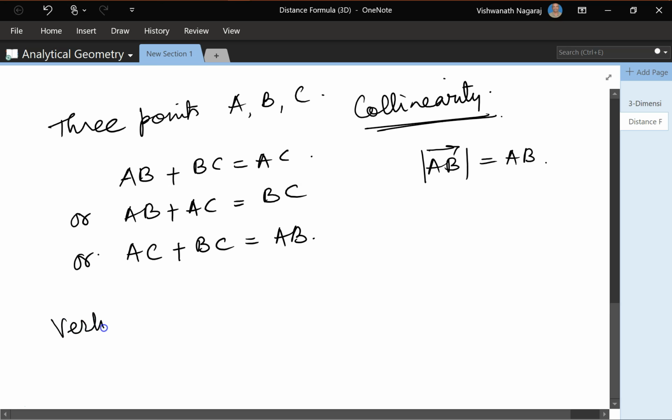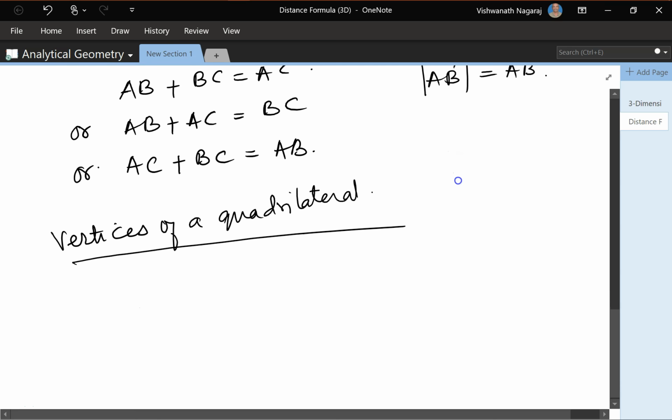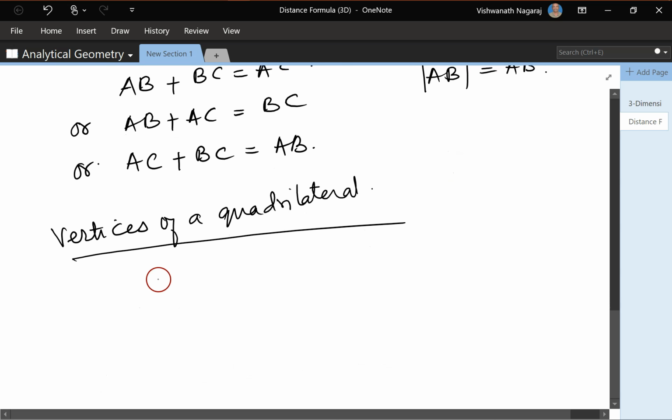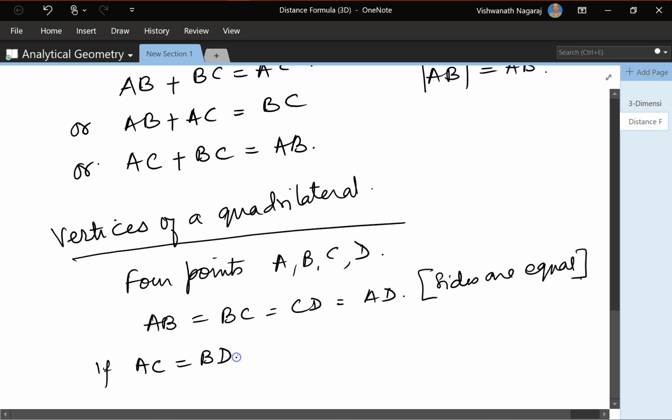Now vertices of a quadrilateral. So here we looked at collinearity, now vertices of a quadrilateral. Again we have 4 points A, B, C, D. AB equal to BC equal to CD equal to AD. That means what? Sides are equal. Now, if AC is equal to BD, that means what?